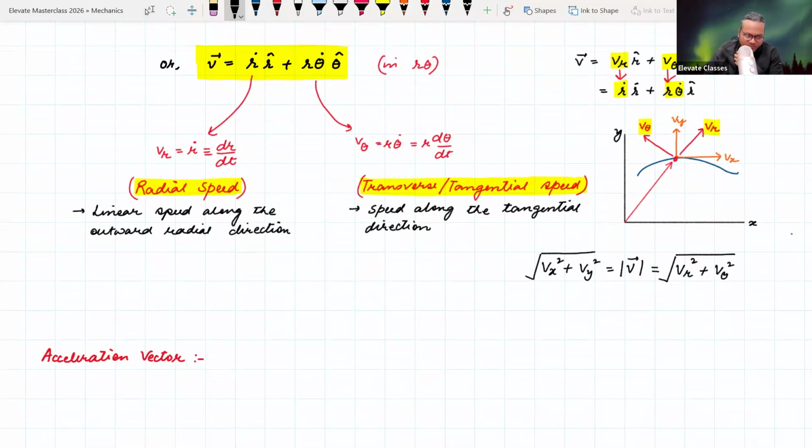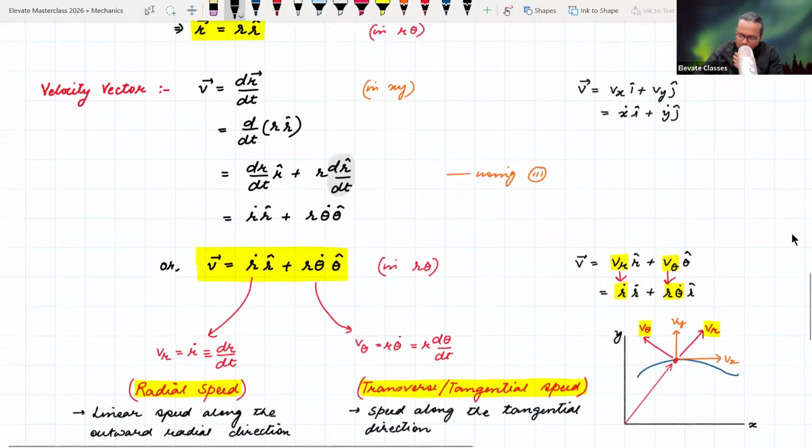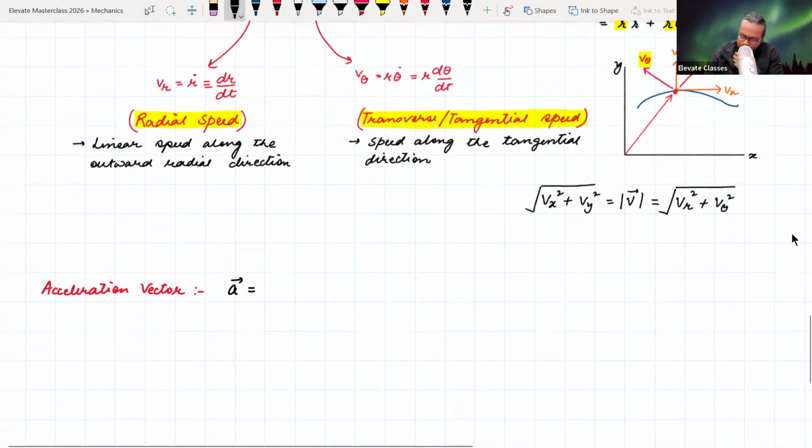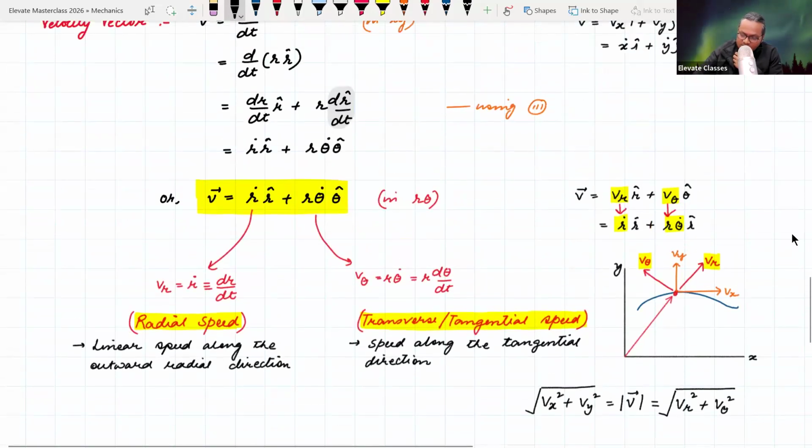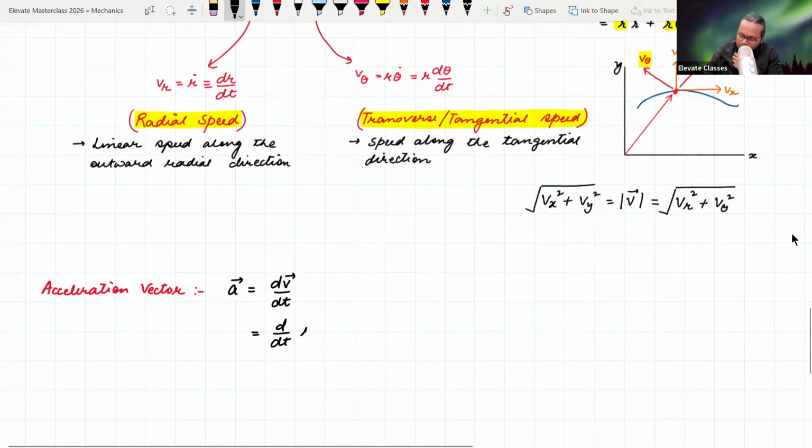The acceleration vector is simply going to be d2r, instead of doing a double derivative, let's write dv upon dt. Okay, so this is going to be d by dt of v. What is v? v is r dot r cap plus r theta dot theta cap.